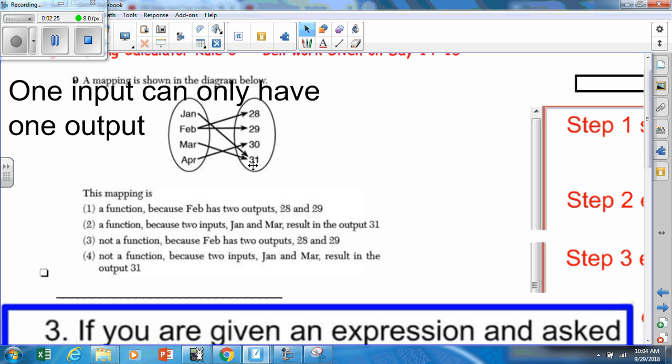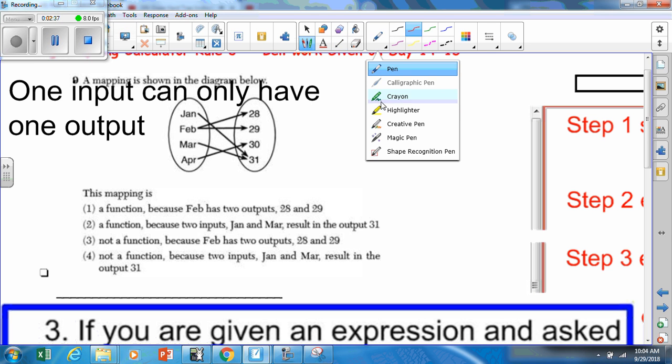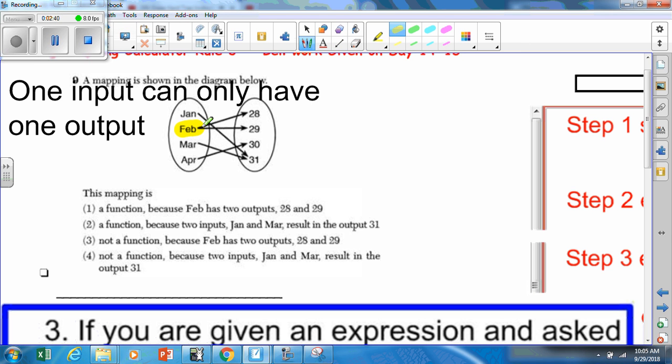So this is the problem. The problem is here with February, okay? And because February is the problem, this is the answer that we're looking for. Not a function because February has two outputs, 28 and 29. That is the answer that we're looking for, okay?